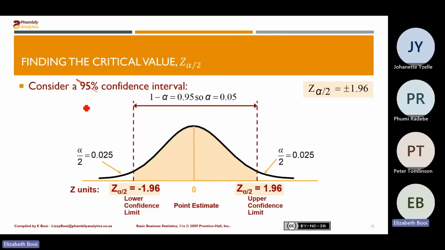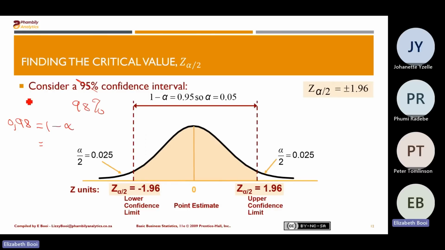Let's find, instead of 95, a 98% confidence interval. If they have given us a 98 confidence, we can say 0,98 is equal to 1 minus alpha.